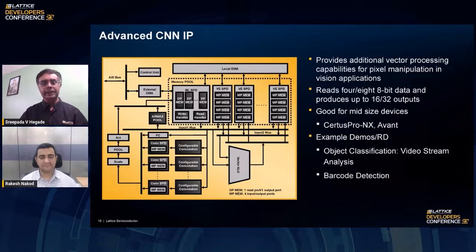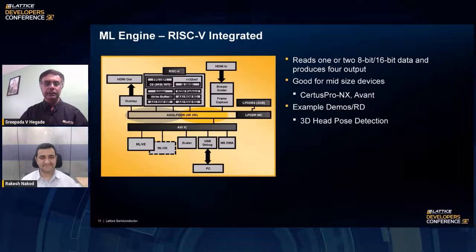We have the advanced CNN IP, because now we include a vector ALU, and the vector ALU is a very generic one that provides bitwise or element-wise operations. Sometimes you can refer to these as pixel-level operations, and that provides a lot of flexibility, right? The barcode detection that Rakesh is going to talk about is built on top of this advanced CNN IP. So we will look at that use case at a later point.